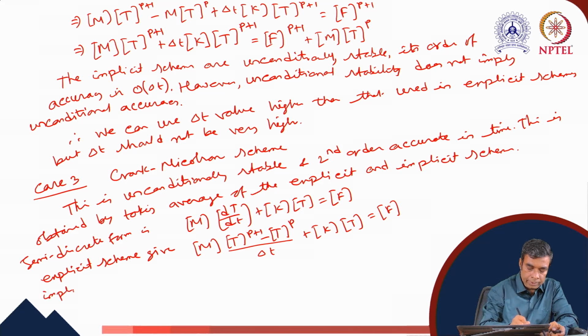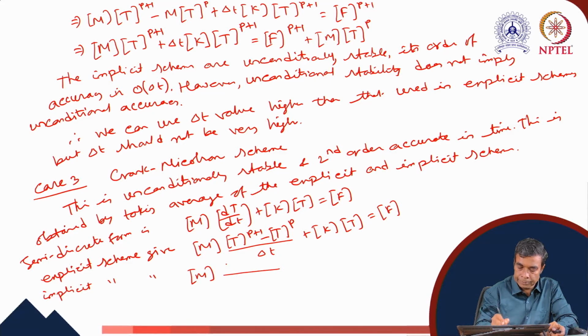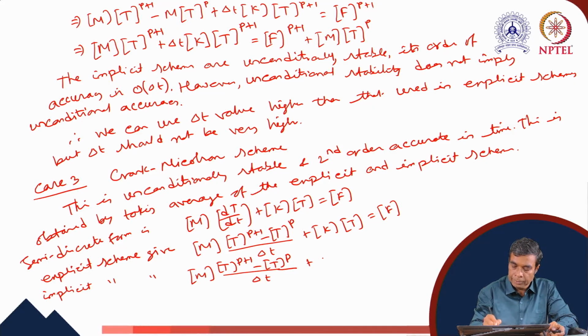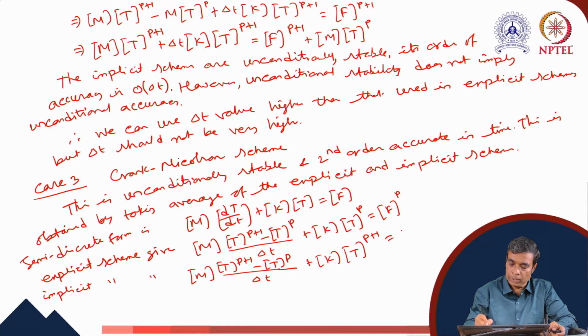The implicit scheme gives M times T at p plus 1 minus T at p by delta T plus K T at p plus 1 equals F at p plus 1.